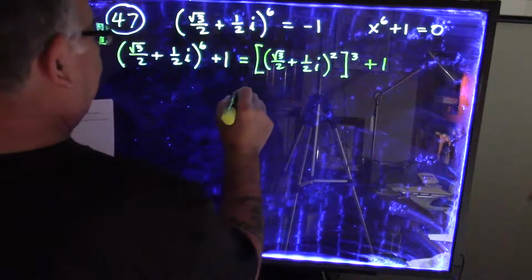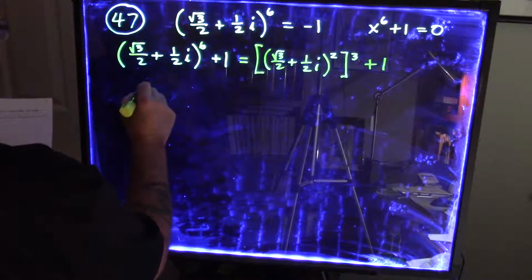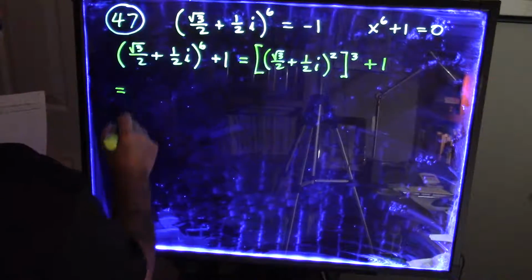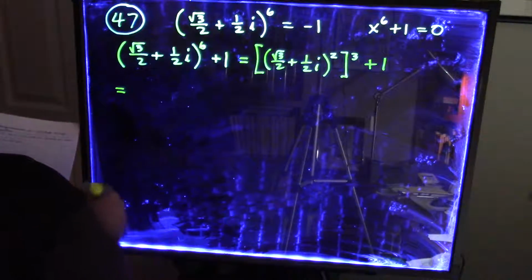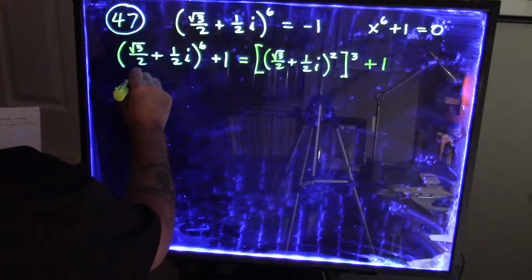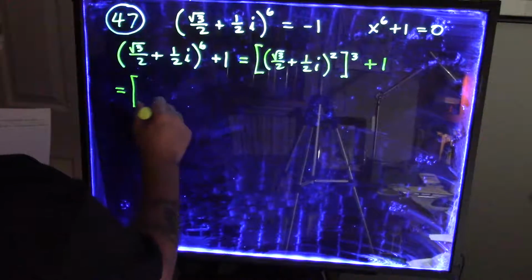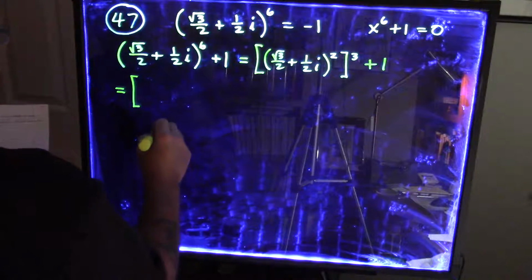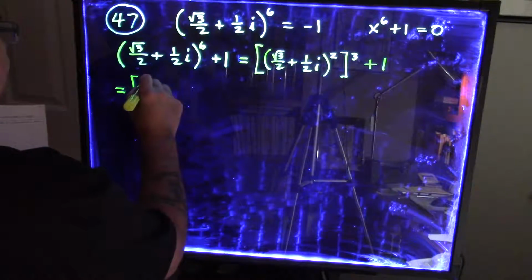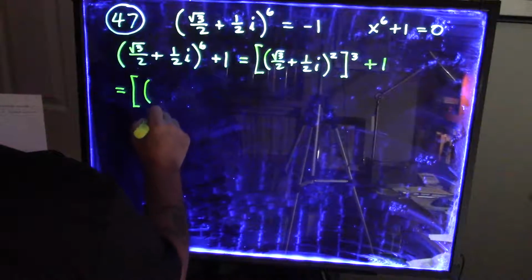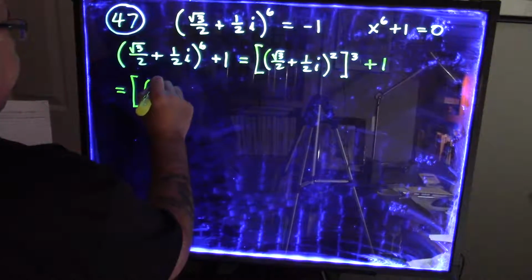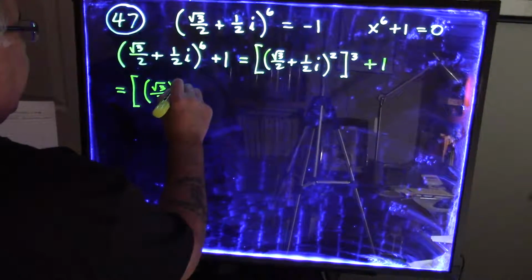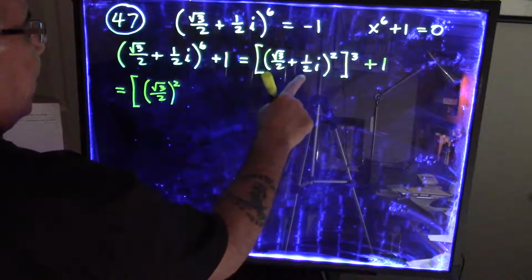And I think I'm going to move this equals sign over here to give myself some space. Equals. Alright, so a plus b squared is a squared, so that would be square root of 3 over 2 squared, plus 2ab.